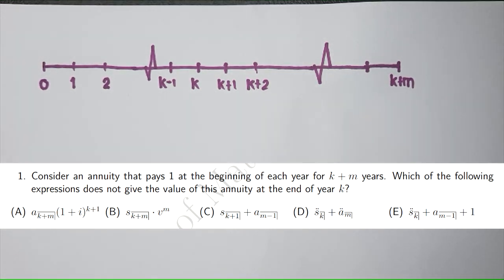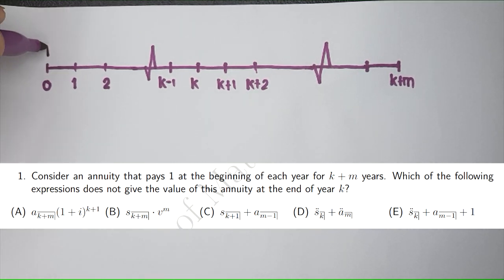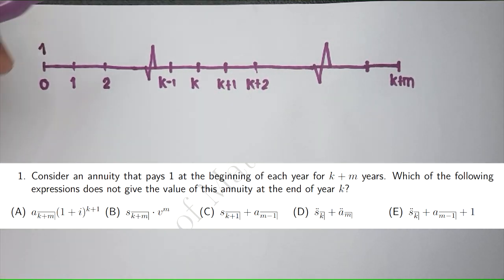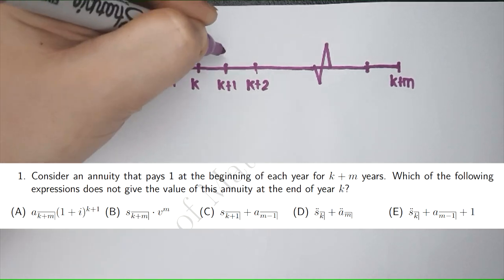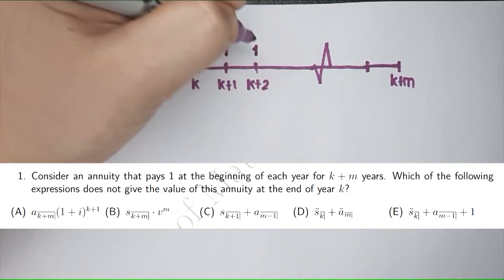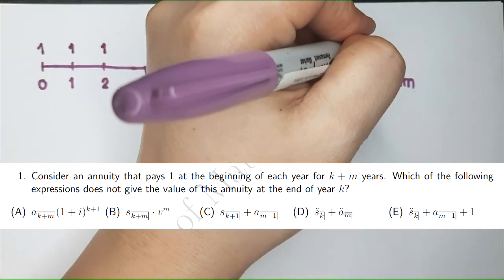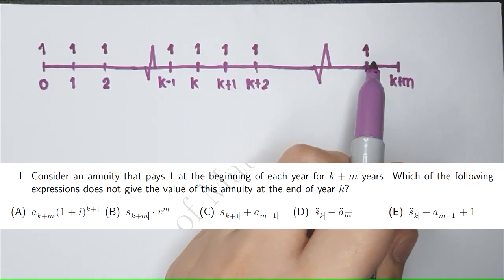Okay? So, let's write the payments of 1 unit at the beginning of each year. So, ito ang beginning of first year, beginning of second year, okay, and so on. Okay? So, ganito ang itsura ng series of payments of 1 unit ninyo hanggang dito lamang.